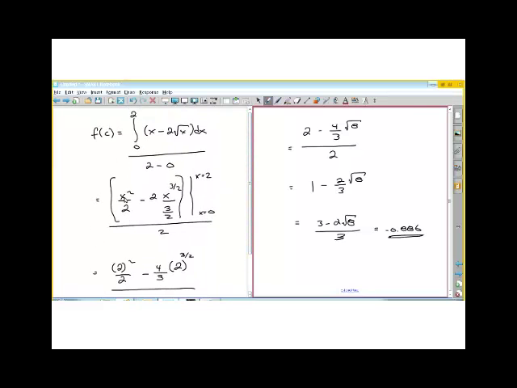And hopefully that's correct, because let me look back here and make sure I didn't do anything wrong. Okay, let's look at the curve. I think it's okay. So let's stop that, start sharing, and go to the function.